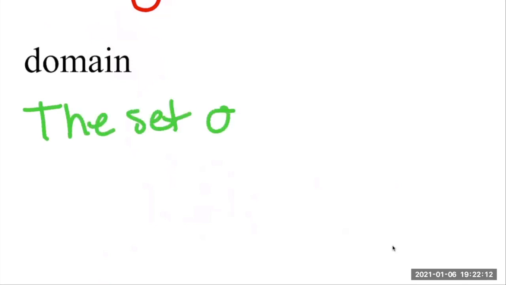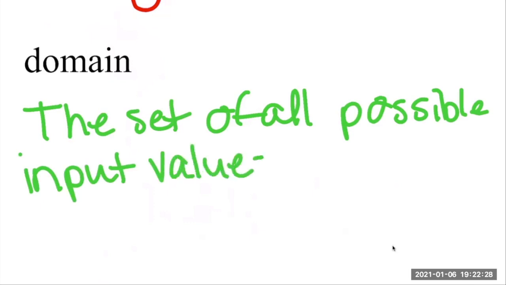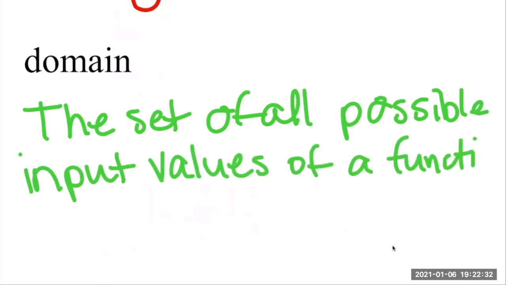So the domain is the set of all possible input values of a function. So your input values are going to be your x values. So that's what's going to go in for the variable, not what you get as a result.